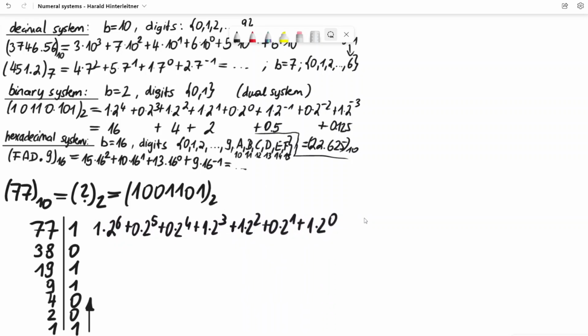What did we do in the division algorithm? We divided by 2. And we write down the remainder. So if we divide this summation by 2, you just decrease the exponents of these powers.